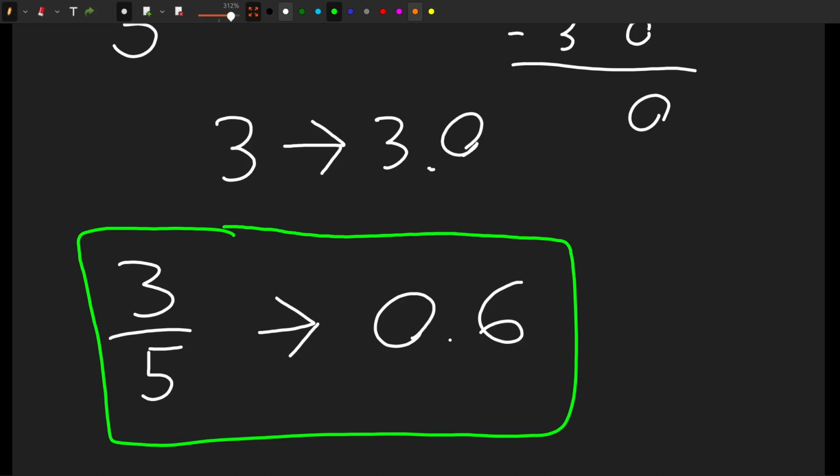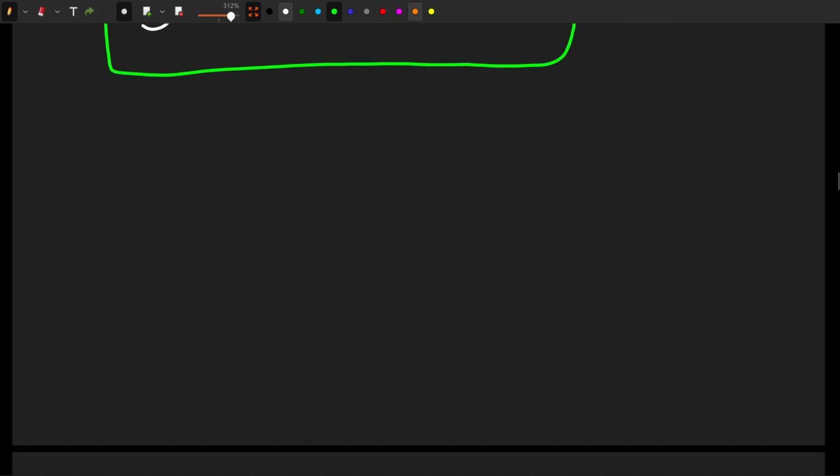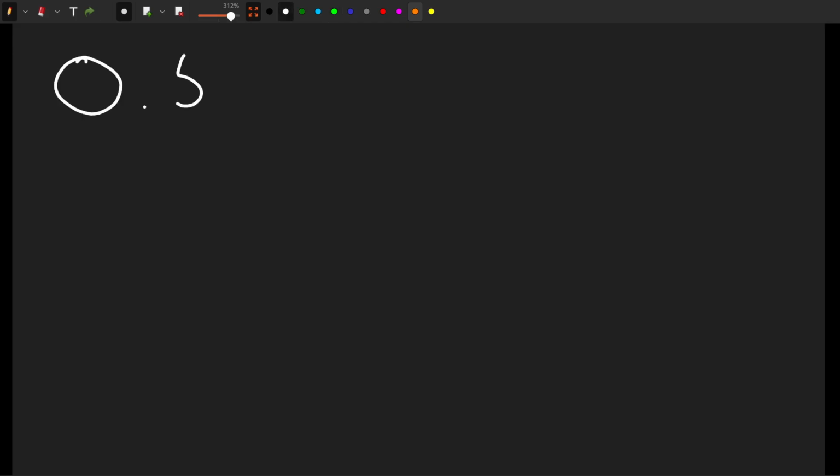Now, on the other hand, how do we convert a decimal to a fraction? Let's take another example here. I'm actually going to go down to a new page. We have 0.572, and I want to make this a fraction. So the way I do this is I count out the number spots. How many place values do we have?